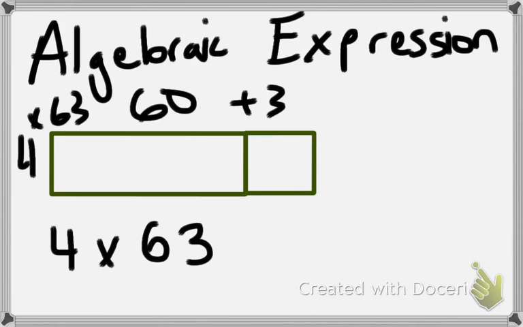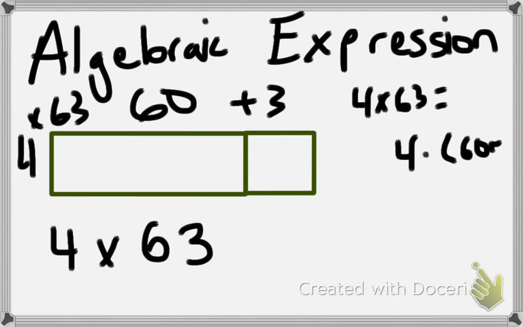What I have is the problem 4 times 63. It's the same thing as 4 times parentheses 60 plus 3. I distribute the 4 amongst both.